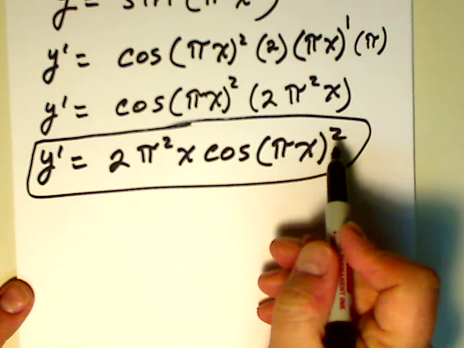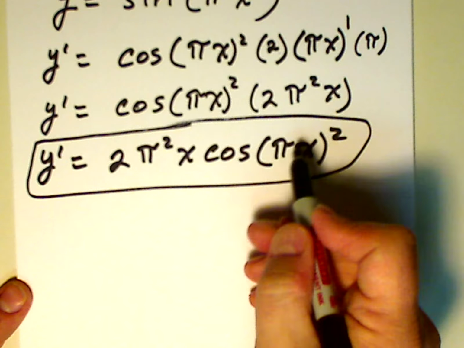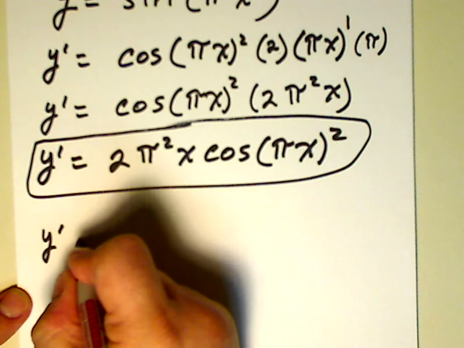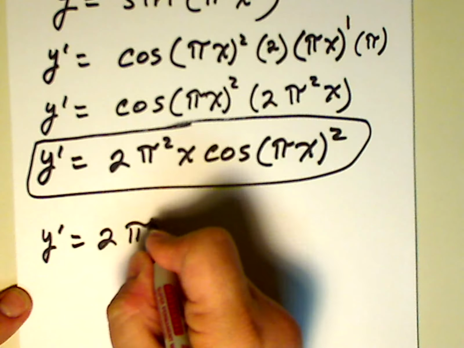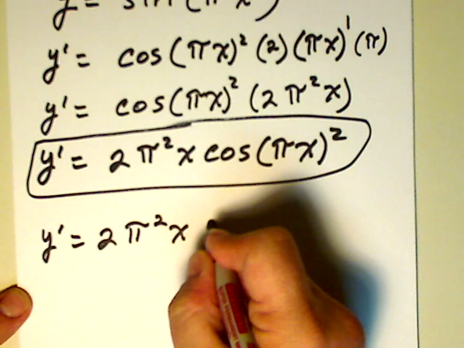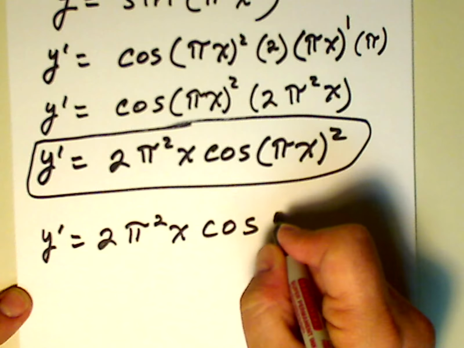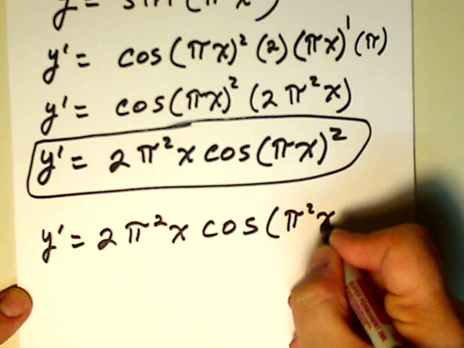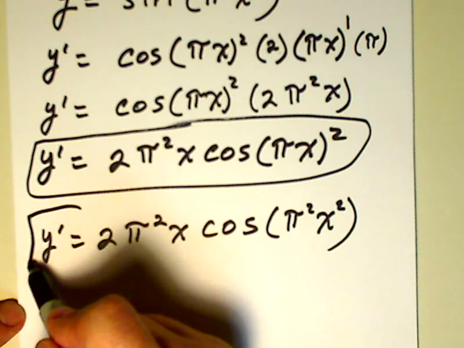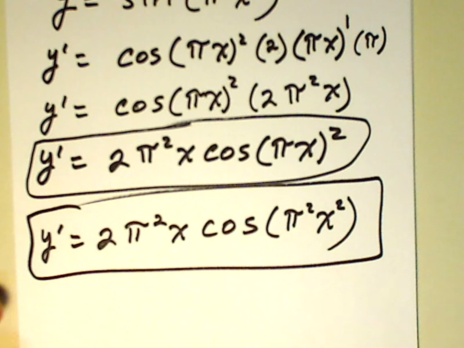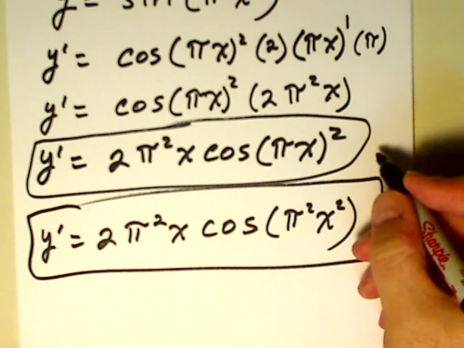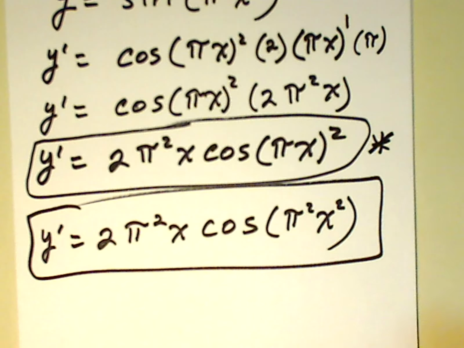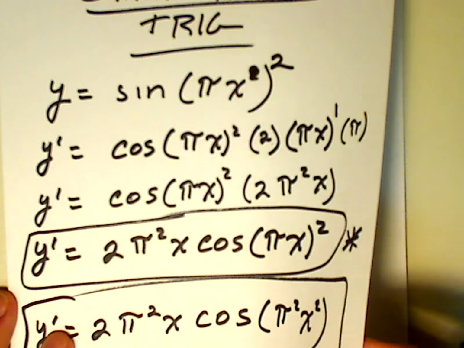If you wanted to, we could distribute the squared term here, and we'd come up with y prime is equal to 2 times pi squared times x times cosine pi x squared. This is also acceptable. Either way is fine. In this particular case, I would probably just stick with the first one.